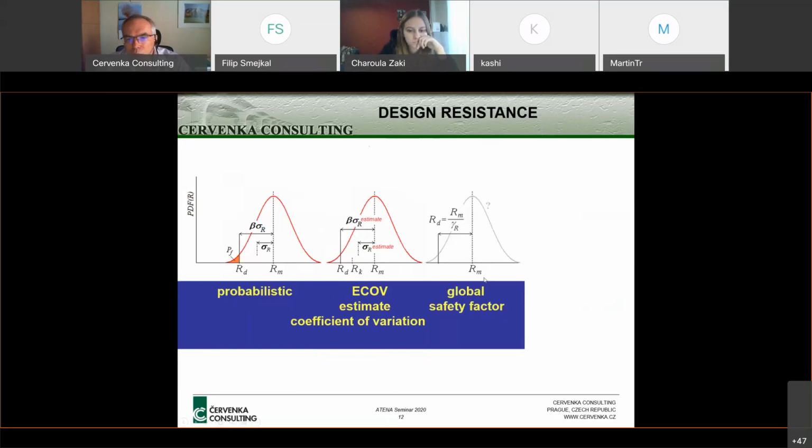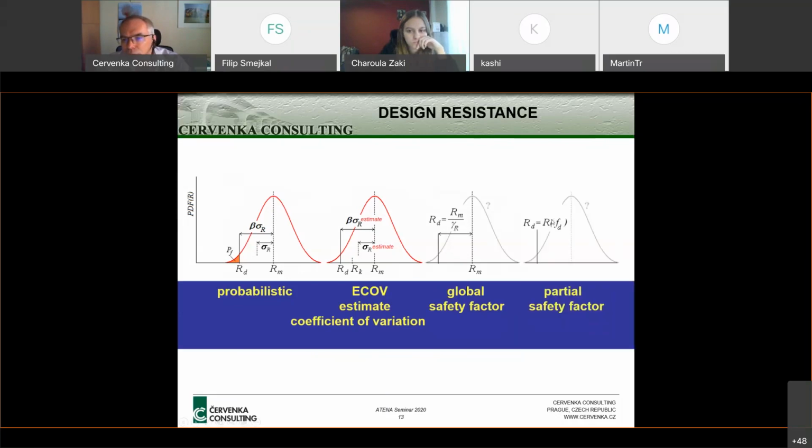If we look at this global factor, which will just calculate the mean and then use some global factor, we can understand that in this case, we don't know anything about the shape of our strength, and it's really just an estimate with a lot of assumptions in this gamma R. And the partial safety factor, if you think about how this looks, you can see in this case, we are directly calculating this RD.